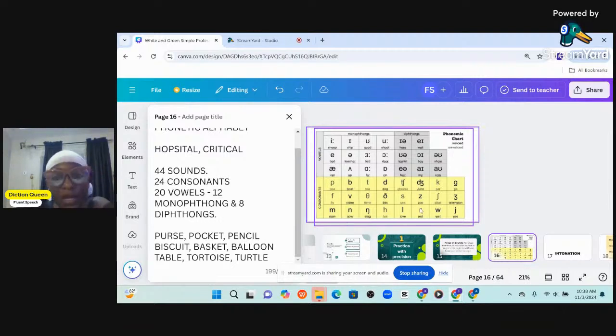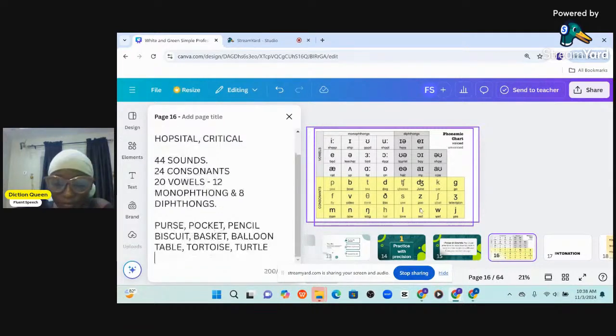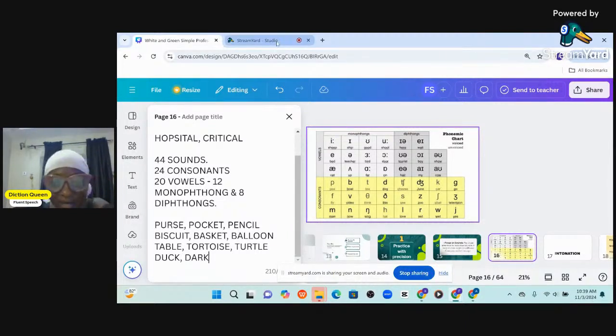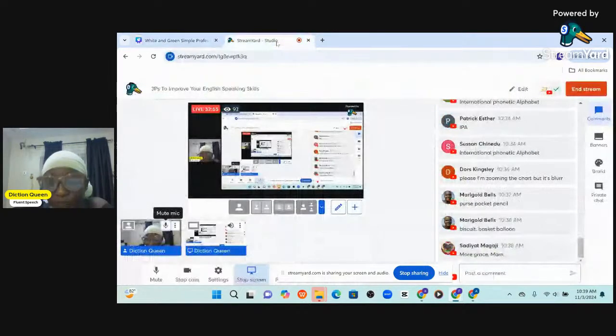Turtle. Now the next sound I have is D. D. You can have the word duck, not dock. Duck. While this word is dark. D-U-C-K is duck. D-A-R-K is dark. Not the same pronunciation, right? Different pronunciations.